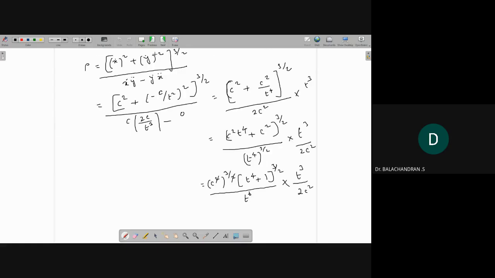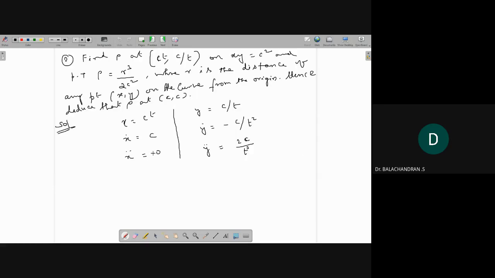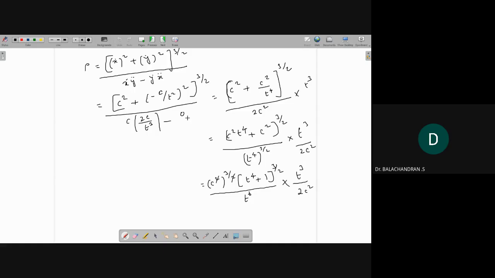Okay. So next, this is a formula, you know that. So x dot is c. So x dot square is c square. Y dot is minus c by t square. So y dot square whole power 3 by 2 divided by x dot is c, y double dot is 2c by t cube, and we know that x double dot is 0, so that's why here 0.